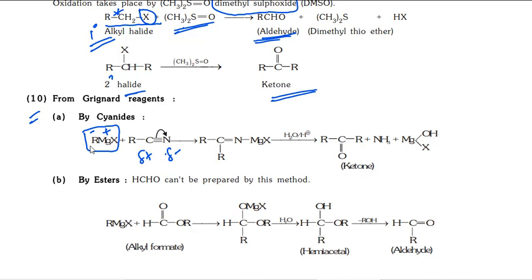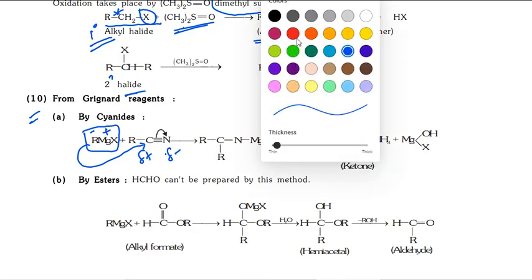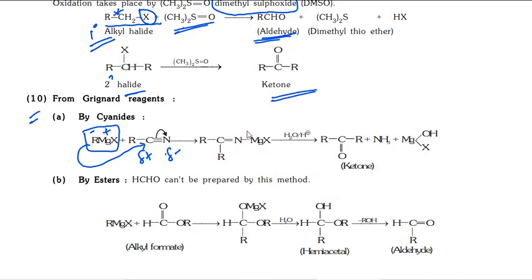So this alkyl group acts as a nucleophile and attacks this carbon. So obviously now the MgX goes to nitrogen. It will substitute on the nitrogen. See here, just like an addition reaction, it is a nucleophilic addition reaction.